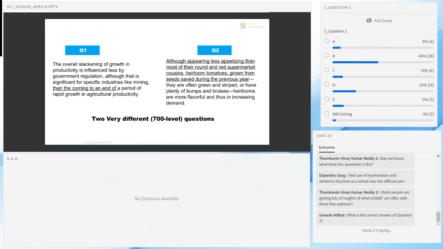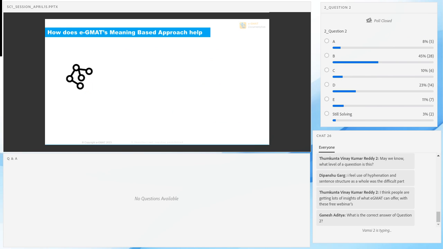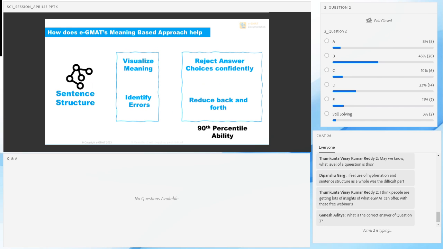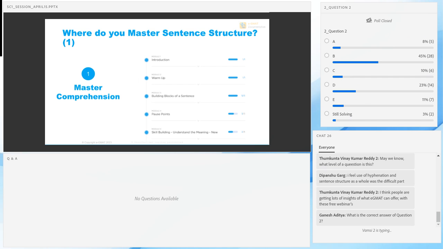So far, two very different 700-level questions, but a similar process: you need to visualize and understand the sentence structure. Now let's understand how you can build these abilities. I spoke about Master Comprehension.